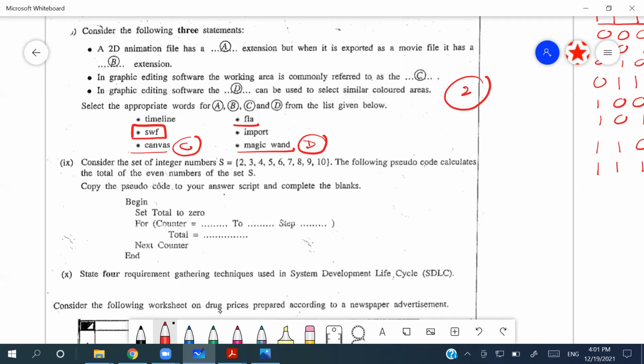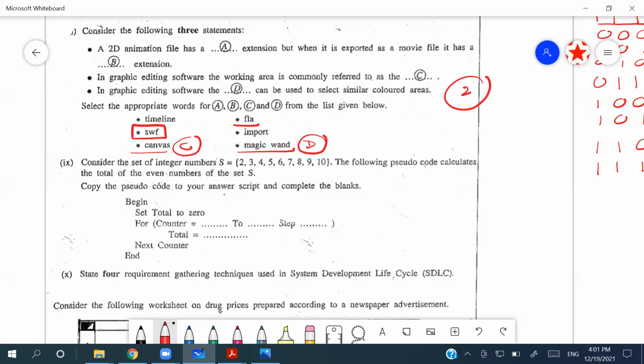So it says begin, set total to 0. They have used a for loop, counter equals what we should say, 2 to 10, right? 2 is there, 10 should be there because it starts from 2 and goes until 10, and it is asking the total of the even numbers.